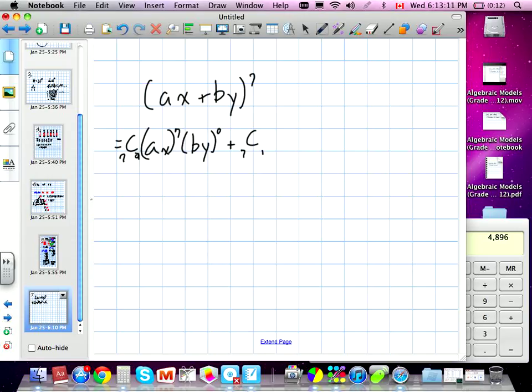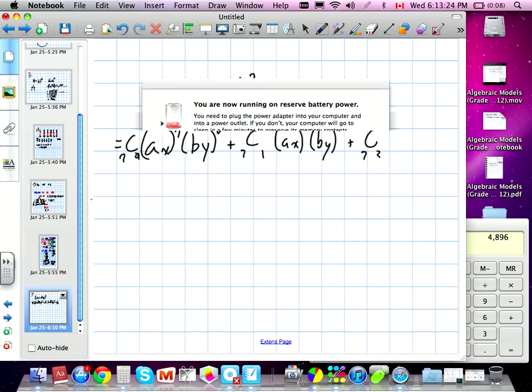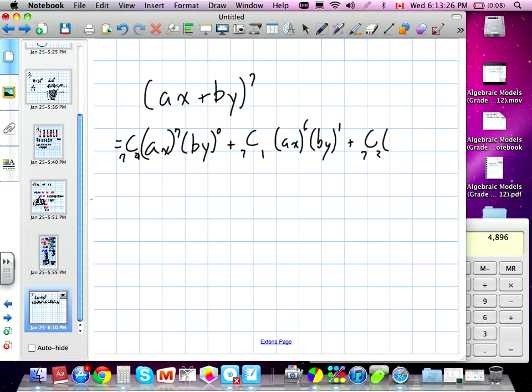Next one would be C2, AX to the 5th, BY to the 2nd. We can continue on with this, all the way down to the 7th term.